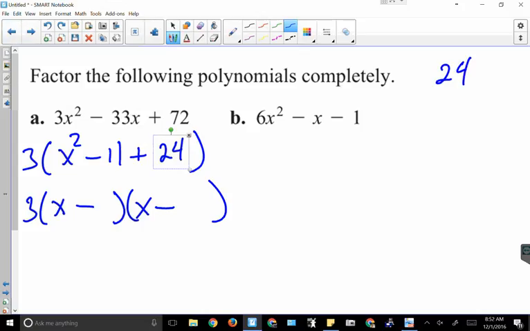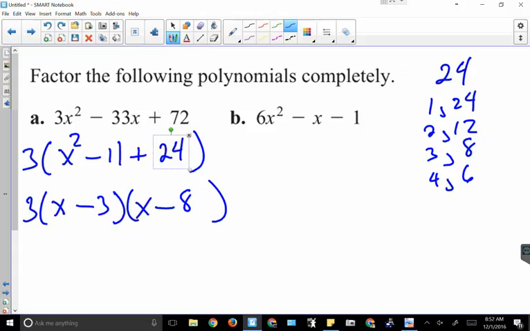So the factors of 24 are 1 and 24, 2 and 12, 3 and 8, 4 and 6. 5 doesn't show up, and 6 has already been identified. Now, these signs are the same. So if the signs are the same, that means the numbers are going to be added together to make that middle term. So what pair of numbers there adds up to 11? 3 and 8. Doesn't matter where I put either one of these.